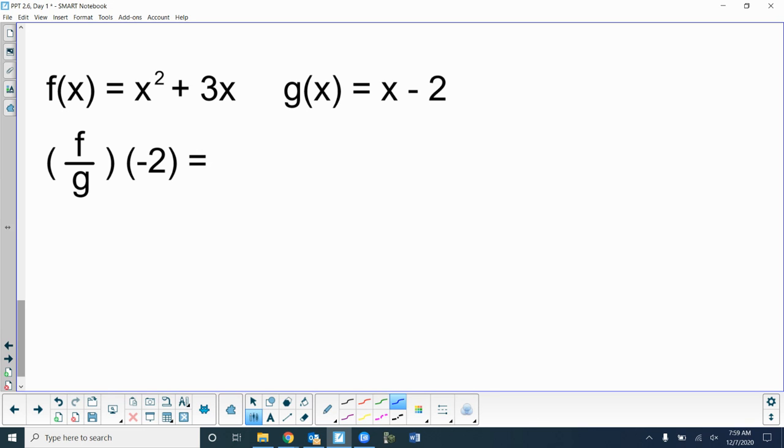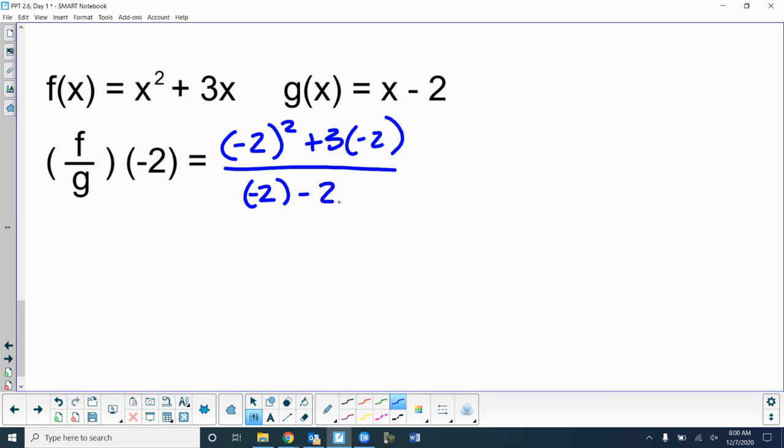Okay, so wherever I see an x, you can put -2. So it looks like that, right? Does that make sense? So I just do the top, get that answer, do the bottom, get the answer, and then divide at the end. All right? So I get a 4 minus 6, which is -2.